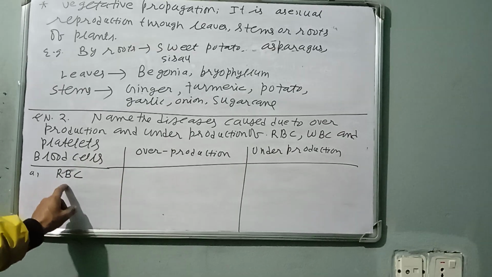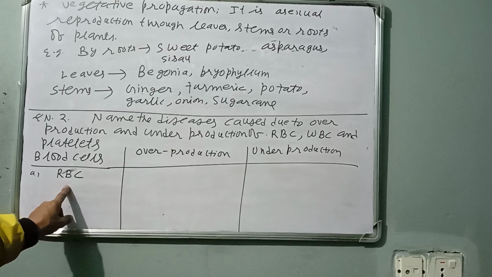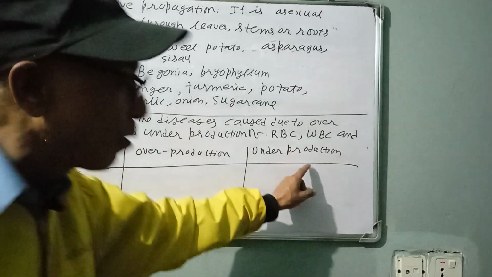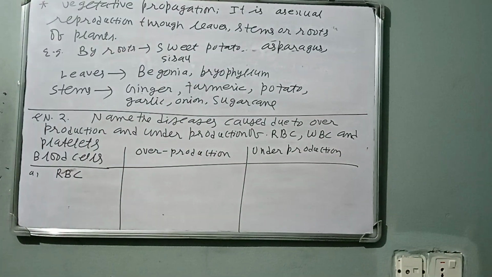We need RBC. It's okay. RBC is very important, but overproduction is bad and underproduction is also bad. Can you name the disease? See, RBC, polycythemia and anemia.